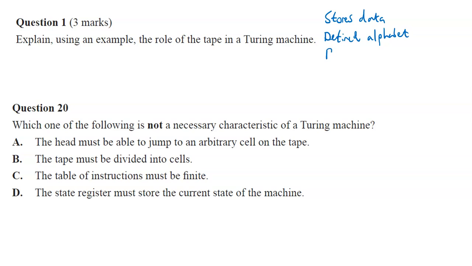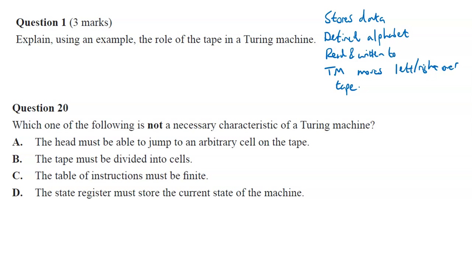It's read and written to. And the Turing machine moves left and right over the tape. Okay, so it's quite possible the tape moves in relation to the Turing machine, but of course that has the same idea. Reference the idea that it provides you with input and output.